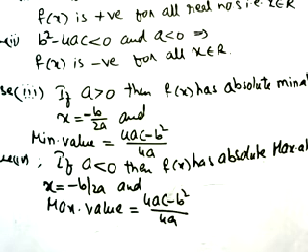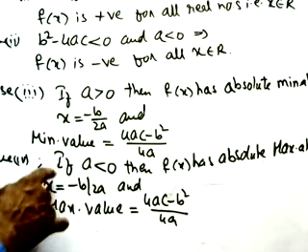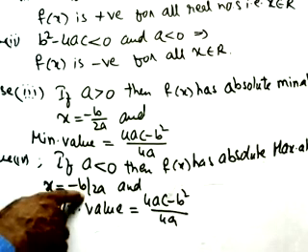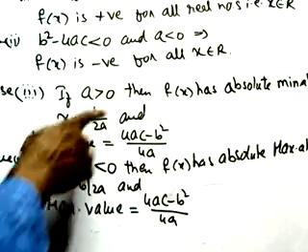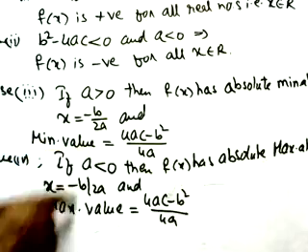Both occur at the same x, only depending upon a. If a is greater than 0, minimum value; if a is less than 0, maximum value.